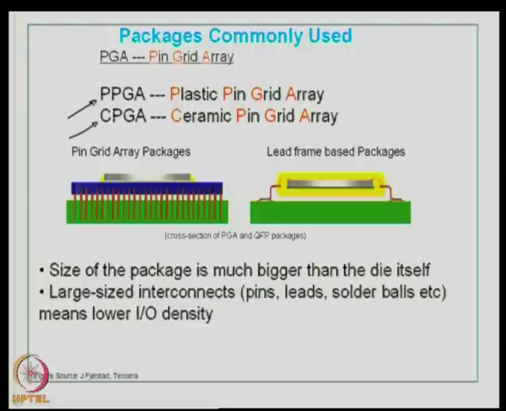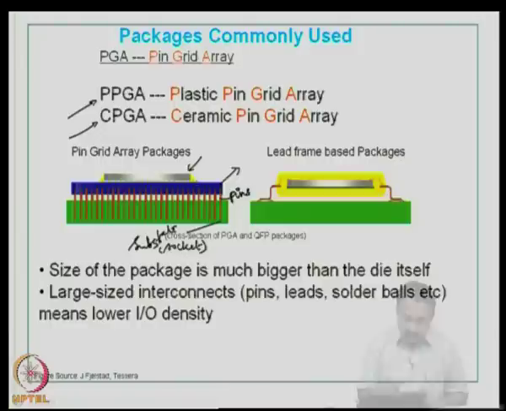And this is the cross section of a pin grid array package, where you have the die, then you have the substrate of the package, these are the pins of the pin grid array, and this is the organic substrate or the printed wiring board or the socket that can be used to mount your PGA.